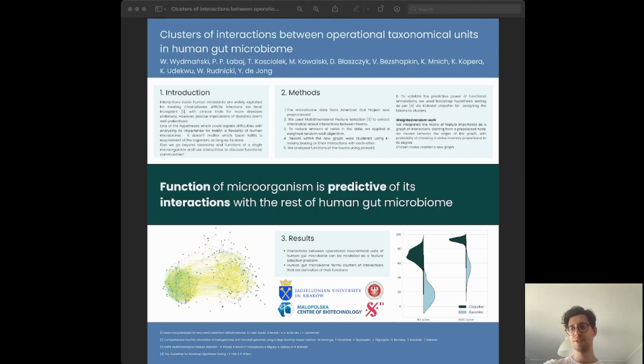The taxons from our new graph were then clustered using the k-means algorithm, and we analyzed their functions using the PICRUSt2 software.